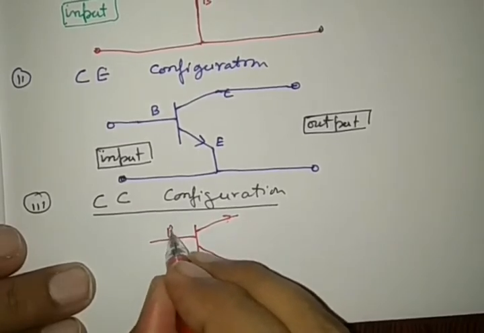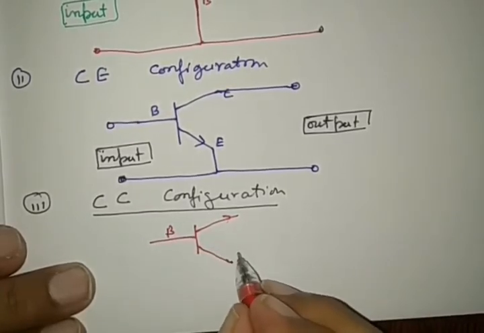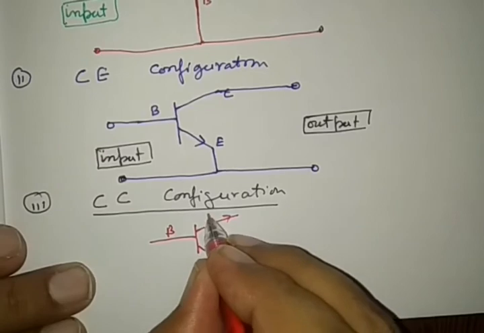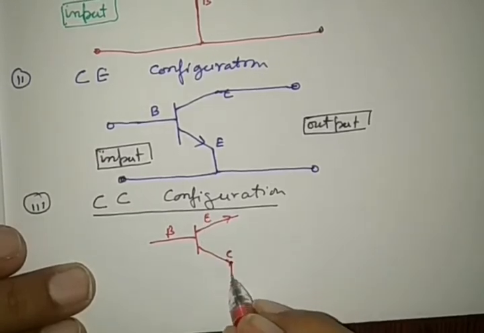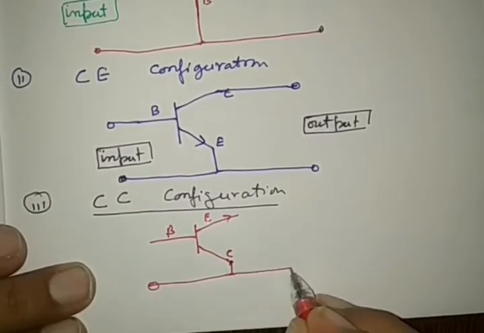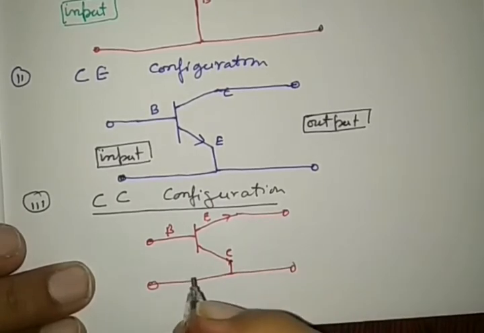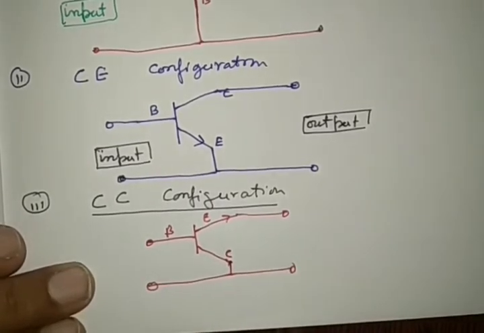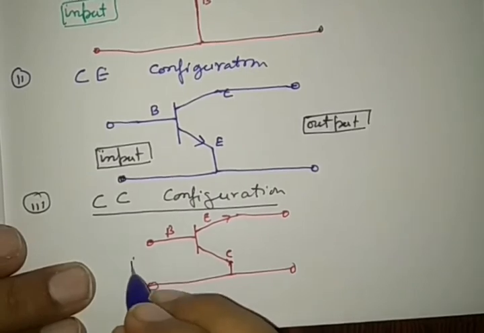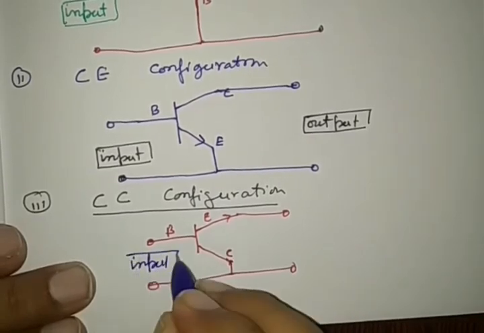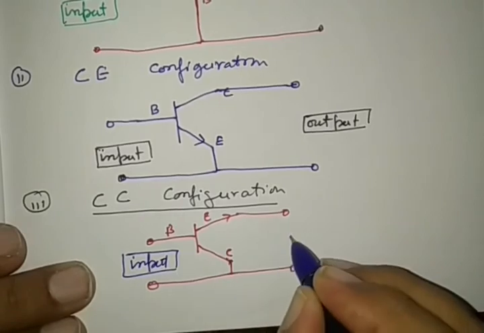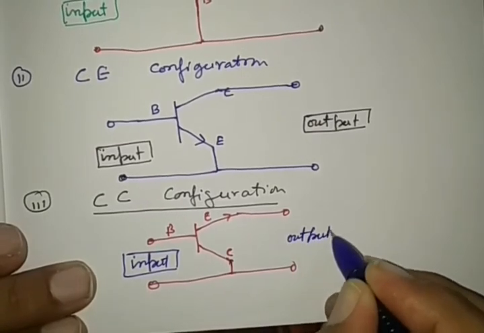This is the base. This collector is common in both. We may write input here and output here.